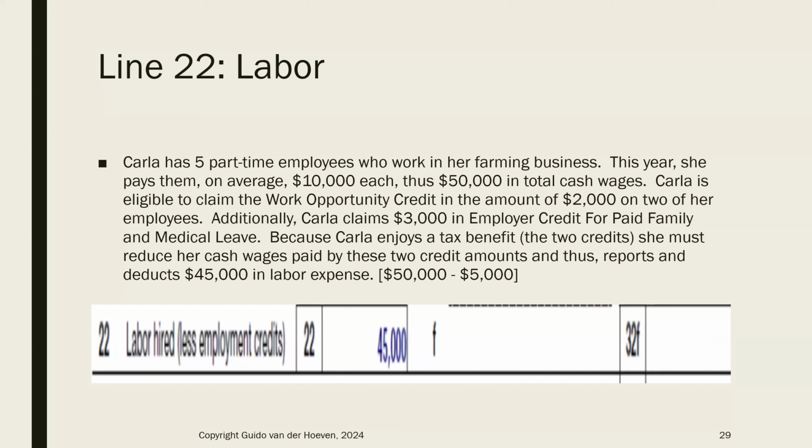And by the rule, she has to reduce her cash wages by these 2 credit amounts. So instead of $50,000, she's going to get $45,000 of deductible labor expense, but she gets those credits. It's a little bit of paperwork, but that's just an illustration of how some of those employment credits work.